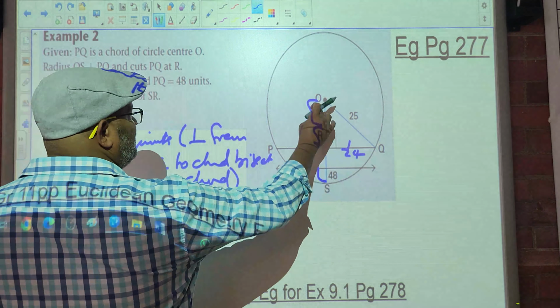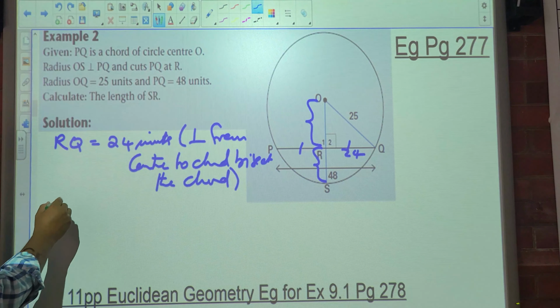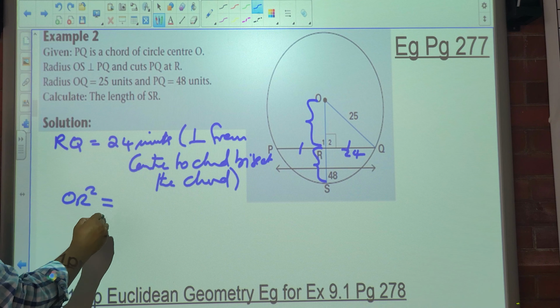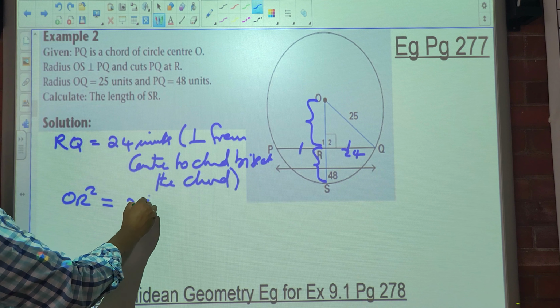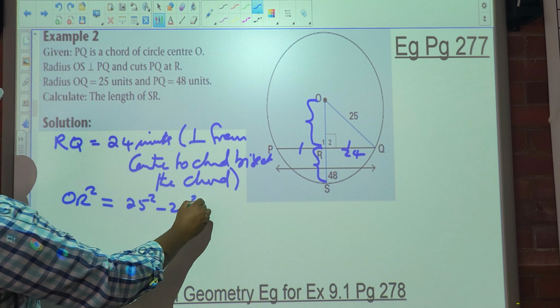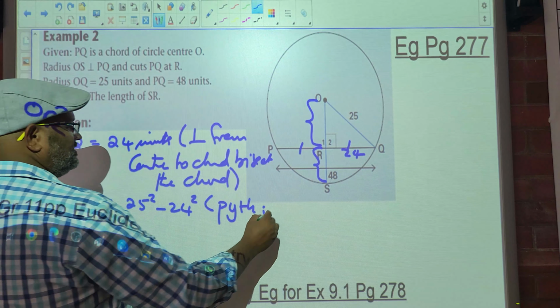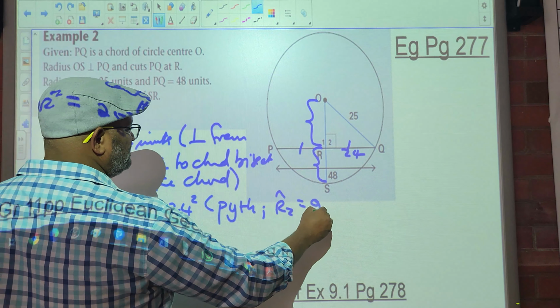So can I calculate Pythagoras here now? Yes. So what do I say? OR squared is equal to 25 squared minus 24 squared. Why? Pythagoras with angle R2 equals 90 degrees.